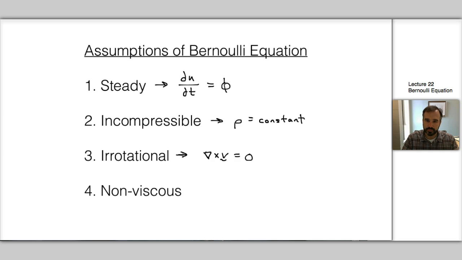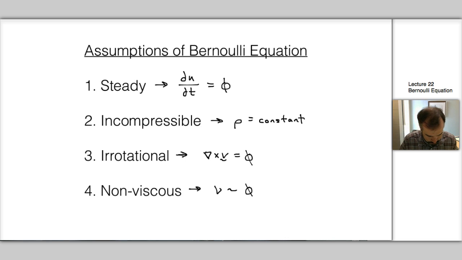So that also leads into our fourth assumption, that we didn't explicitly state in our derivation, and that is the flow is non-viscous, that the viscosity is unimportant. It's effectively 0. This last assumption is that the viscosity is effectively 0.